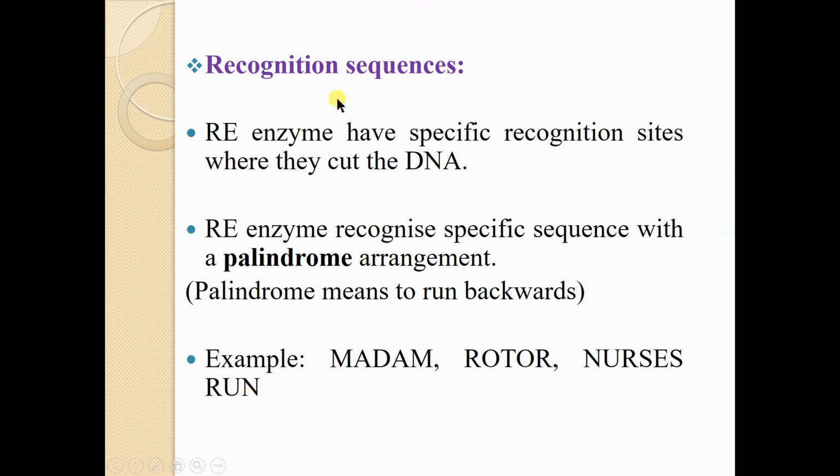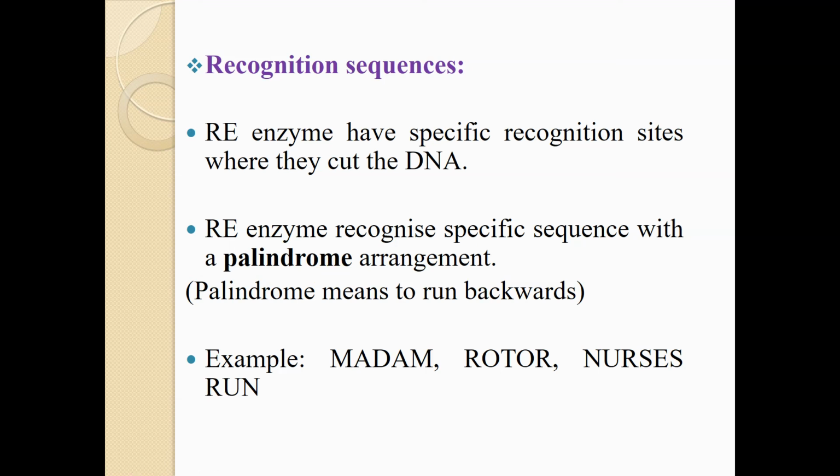Now, how do restriction endonucleases recognize the sequences? Restriction endonuclease enzymes have specific recognition sites where they cut the DNA. They recognize specific sequences with a palindromic arrangement. What do we mean by palindromic, which we saw earlier in the second slide of this lecture?